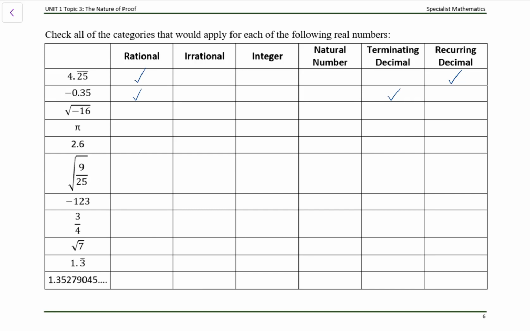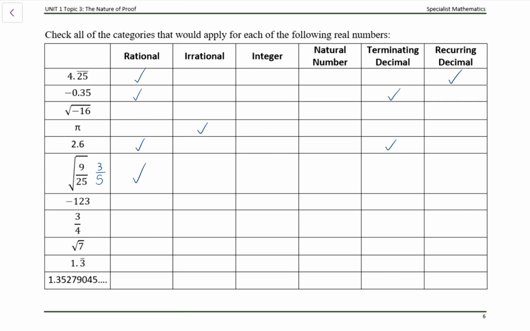Square root of negative 16 is not real, so we have no classification for that. We cannot square root negative 16 in the real number system. Pi is irrational. 2.6 is a terminating decimal, so it is rational. Square root of 9 over 25 equals 3 over 5, so that is rational.